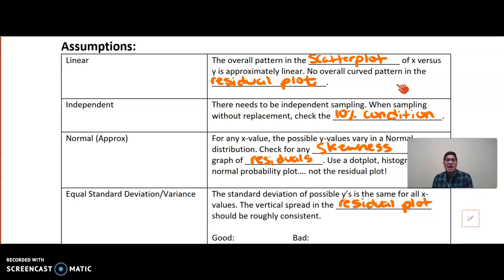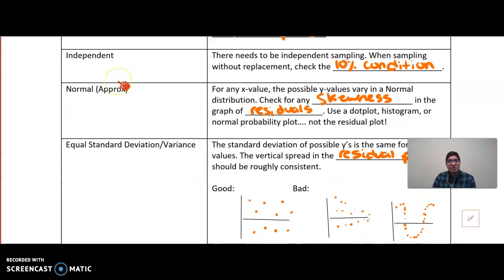Thus, when we sample without replacement, we check the 10% condition. If you are using a randomized experiment, you don't have to worry about this because results will be independent since we're receiving two different treatment groups. And we're not really random sampling when we do an experiment, because most times we recruit volunteers to do said experiment. So that's going to be the I, or independent, condition.